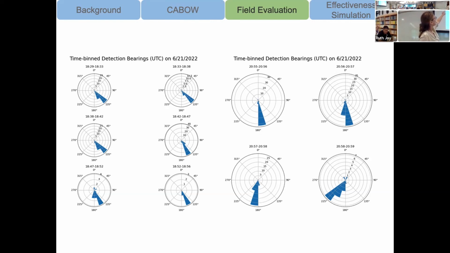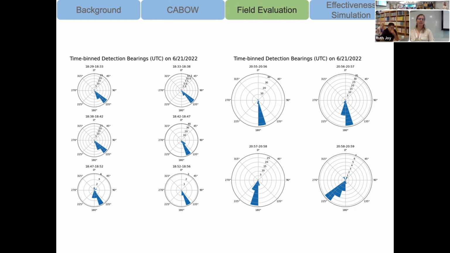So you can see the animals are largely staying around 135 degrees. They're not moving too much over the period of time. And then the polar plots on the right are more indicative of animals moving by the sensor as they appear to be traveling. So that's really interesting work that we can do.